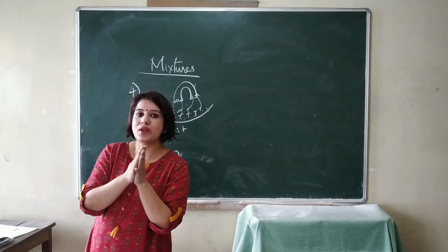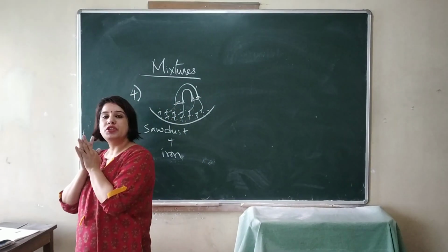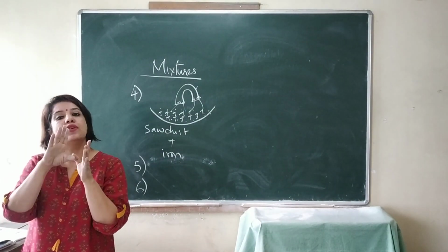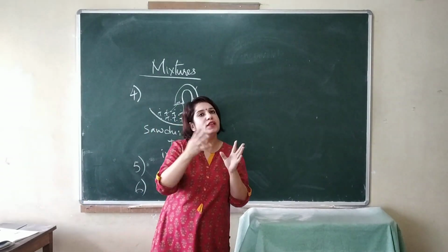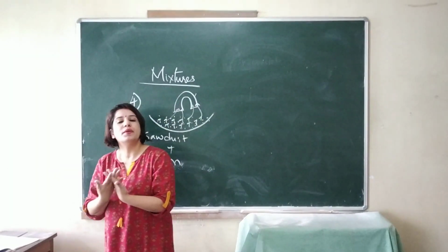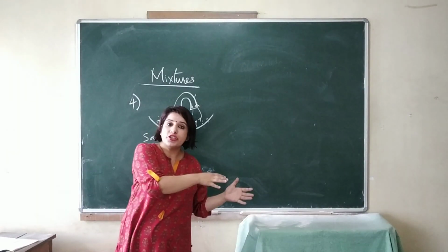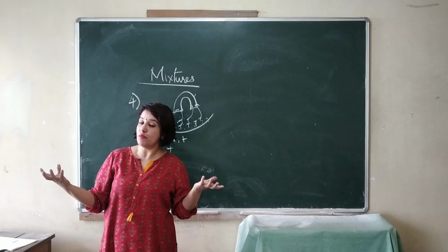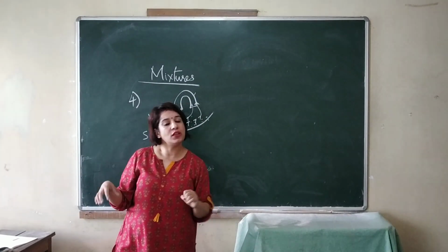So let's revise once more. A mixture is a substance which is formed by a combination of elements, compounds, or both. The ratio of the elements, or whatever is mixing up to form the mixture, can be changed. Like I told you, we can take 1 tablespoon of salt and form a mixture, or we can take 20 tablespoons of salt and form a mixture with water.